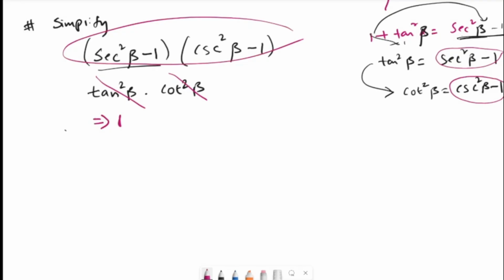In my class, I give a funny analogy. Okay, tan beta times cot beta. I shouldn't say the word kill. They kind of offset each other.